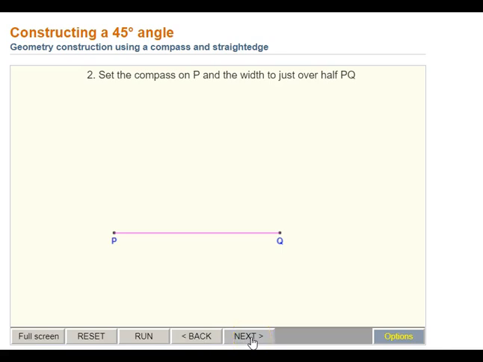Set the compass on point P and the width to just over half of PQ. So you've drawn your line, put your compass on P, and measure over halfway. From P and Q, draw intersecting arcs with the width that you just created, above and below PQ.